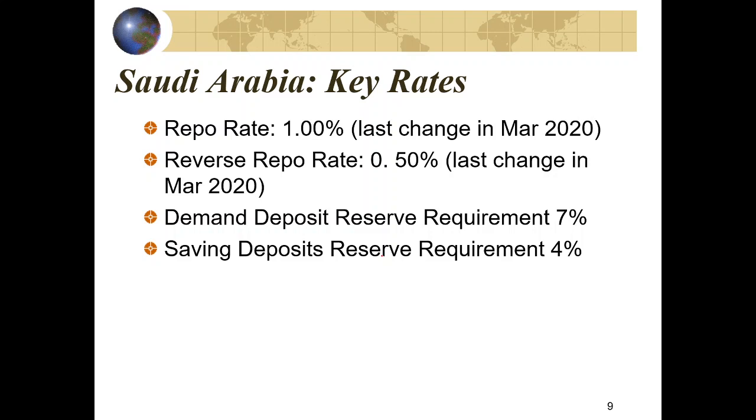It's important to look at what is in our local economy. What are the rates that we have learned so far? So the repo rate is 1%, and it was changed in March 2020 as a result of the coronavirus pandemic and its effect on the economy, where in all economies they lowered interest rates to protect the economy and avoid entering into a recession.